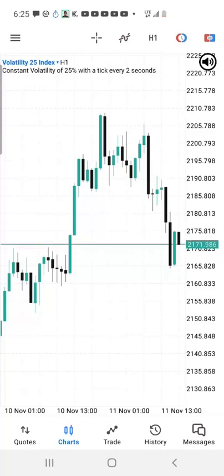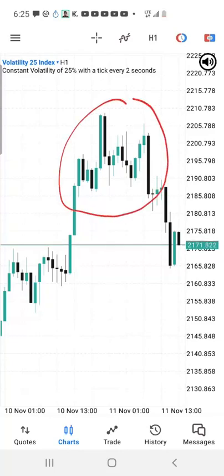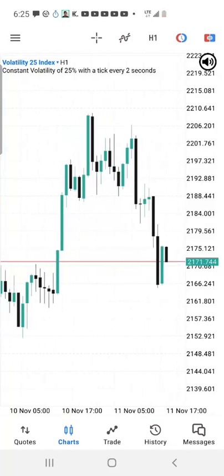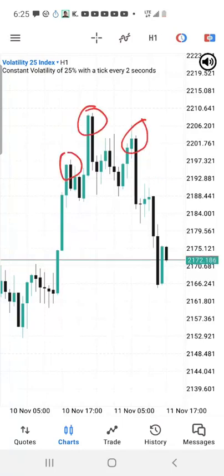For example, this arrangement now is a pattern, and what pattern is this? It's called the head and shoulders pattern. Look at the shoulder and look at the head. Anytime you see this pattern, the head and shoulders pattern, know that the market is about to come downwards.